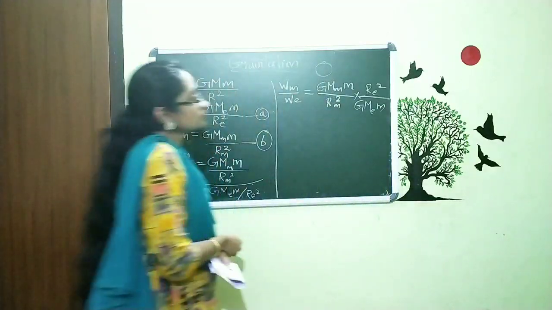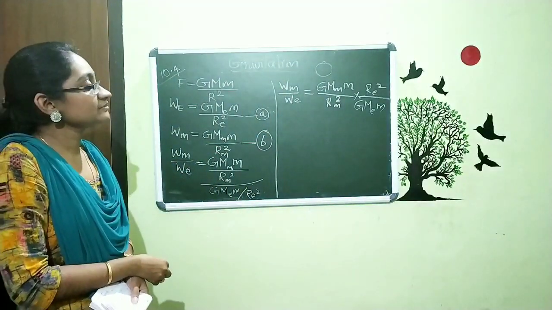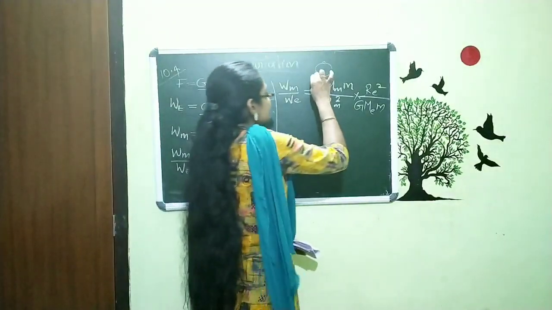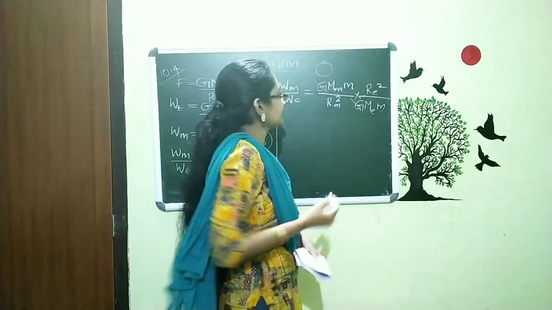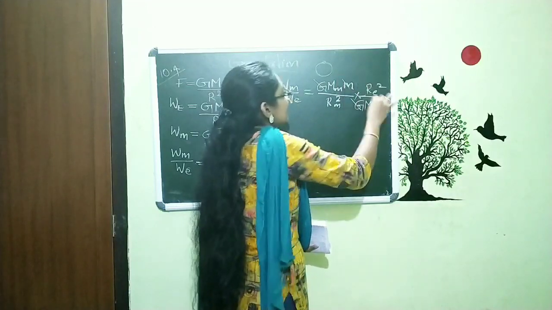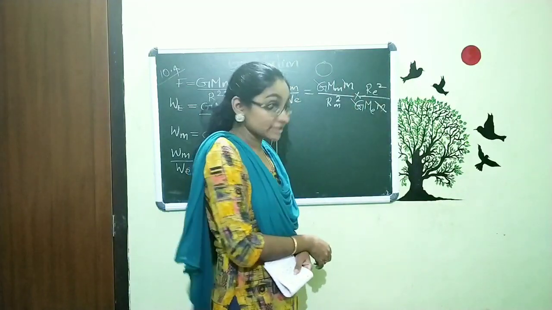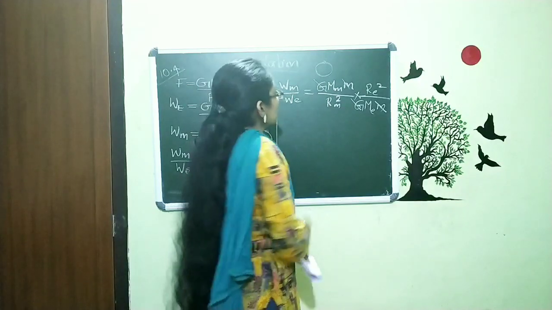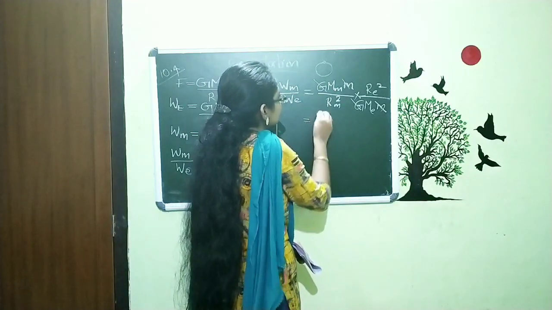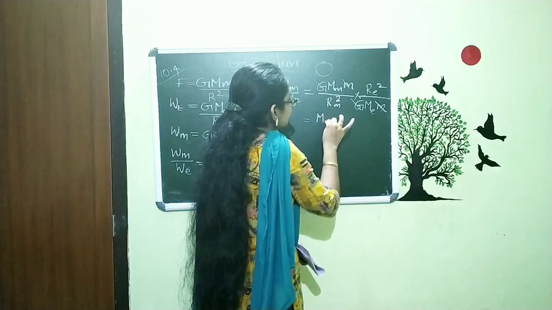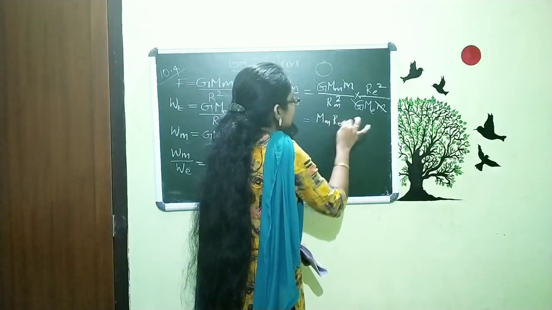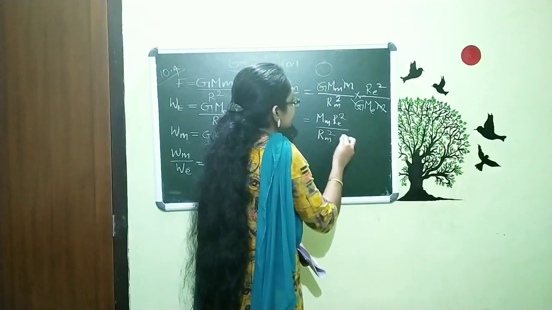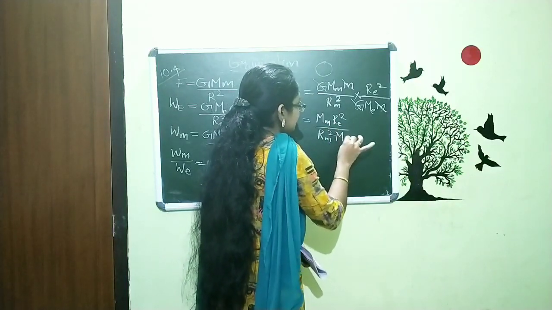Now you can see some things are similar and we can cancel them. This G and G can cancel, and this m and m, since we are talking about the mass of the same object, can also cancel. So what is left? Wm by We equals MM Re square by Rm square ME.